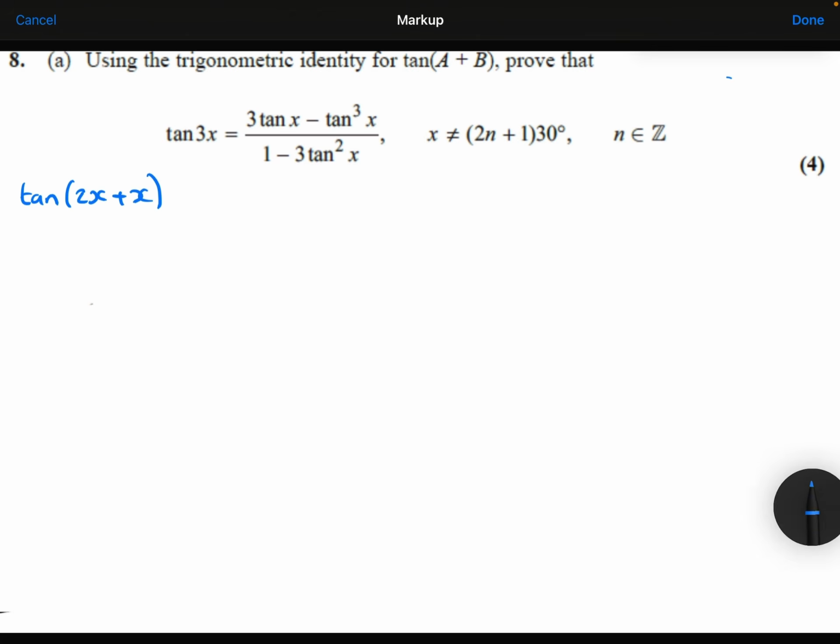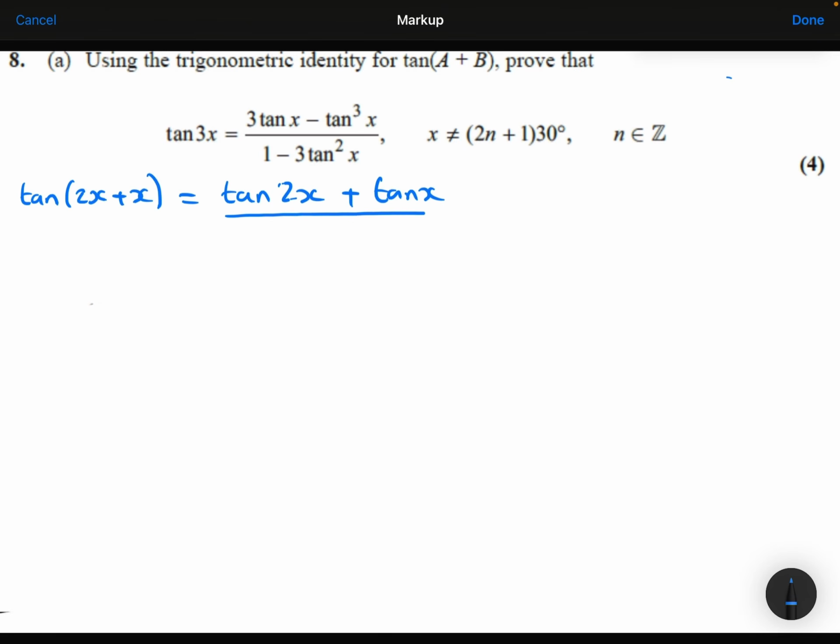I'm now going to use the tan addition formula from the formula booklet. So this will give me (tan 2x + tan x) divided by (1 - tan 2x tan x).